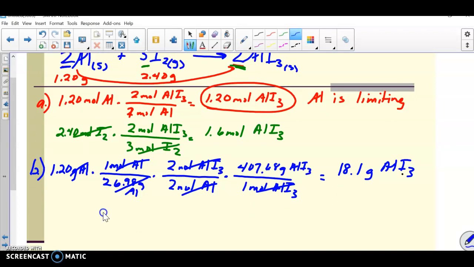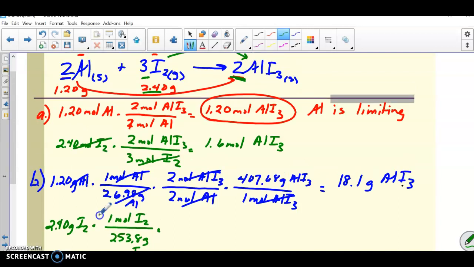So I have to do the other problem. If I use 2.4 grams of iodine times, got to convert it to moles, 1 mole of iodine, remember it's I2, is 253.8 grams of iodine times, looking at my mole to mole ratio, I believe it was a 3:2. This is 3, this is 2. So I'm going to put that in here.